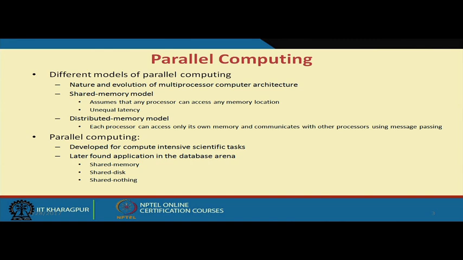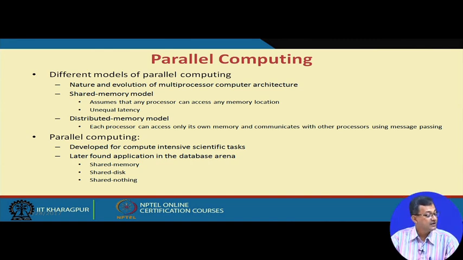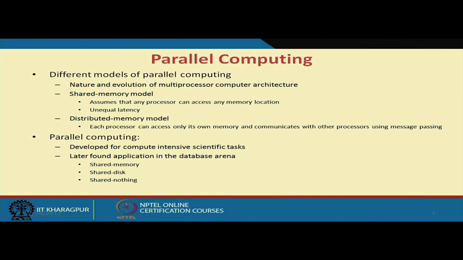Parallel computing was developed for computing intensive scientific tasks, as we all know, and later found application in the database arena also. Initially it was more about doing huge scientific tasks, and later we have seen that it has a lot of application in the database domain too.